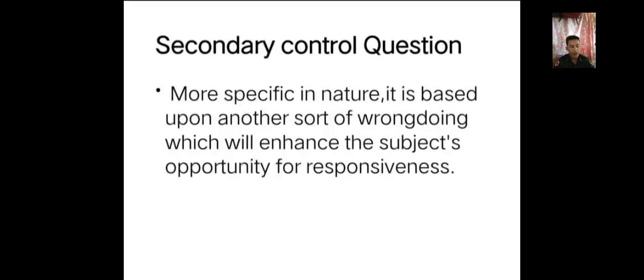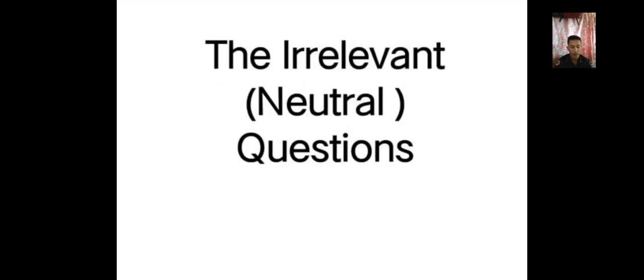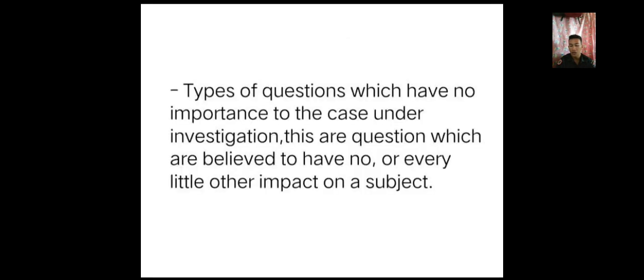The irrelevant questions are types of questions which have no importance to the case under investigation. These are questions which are believed to have little or no other impact on the subject.